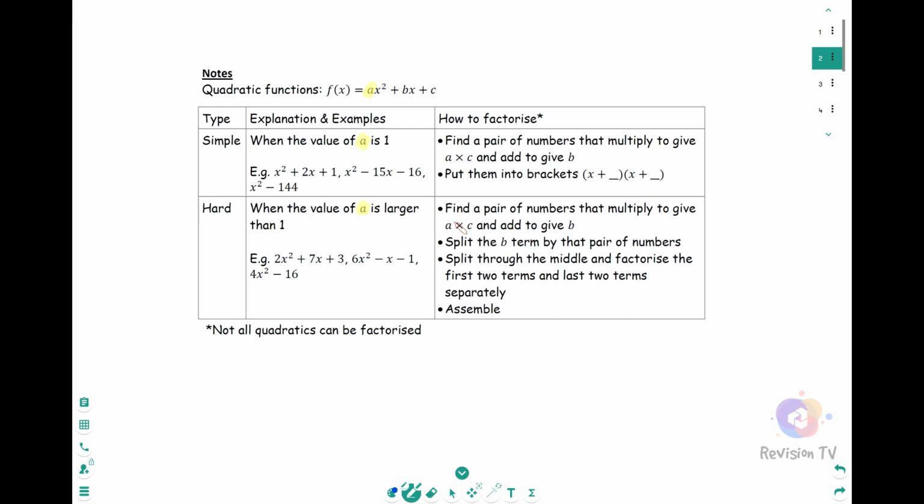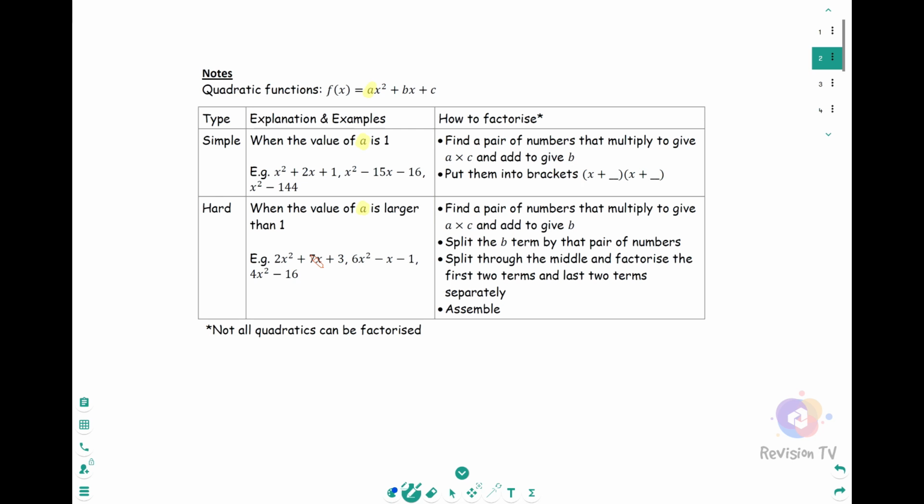Essentially what we'll do is we find a pair of numbers that multiply to give a times c. So you want to do a times c, 2 times 3, and then similar to what you did with the simple one, you want to find two numbers that multiply to give 2 times 3, not 2 and 3 itself, but 2 times 3, which is 6. So you want to find a pair of numbers that multiply to give you 6, and add to give you 7.